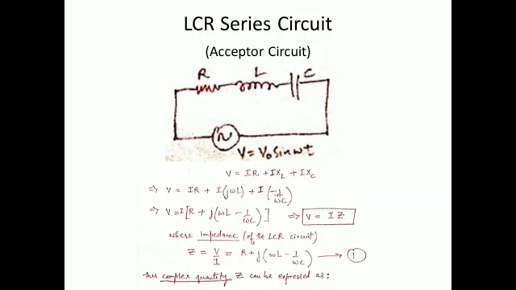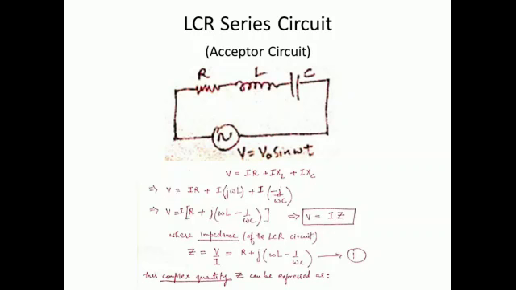Now the figure that you see on your screen is the LCR series circuit, where the three elements, the L, C and R, are connected in series, and an alternating voltage V naught sine omega t is applied across the series combination.